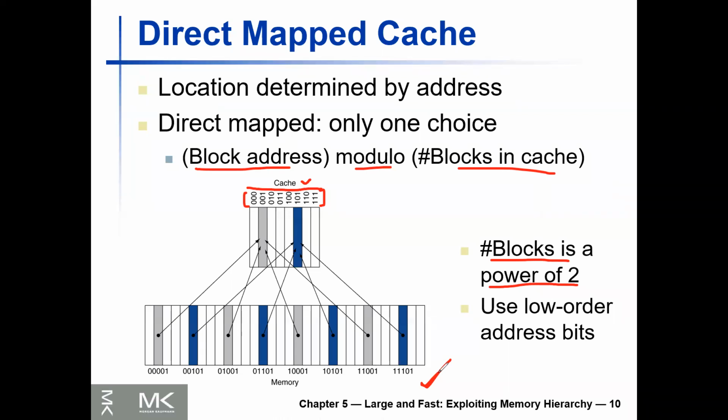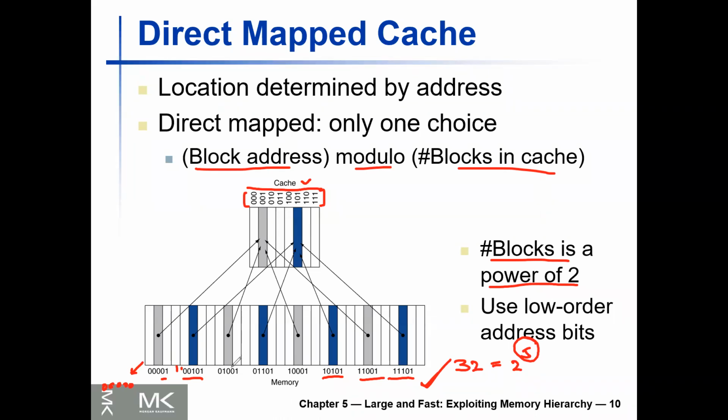Again, it is a power of 2: 2 to the power 5. Yes, exactly, 5 bits. If you look at these addresses, they are 5 bits long. The very first block address is all zeros, then 1, then 2, 3, 4, 5, and so on.